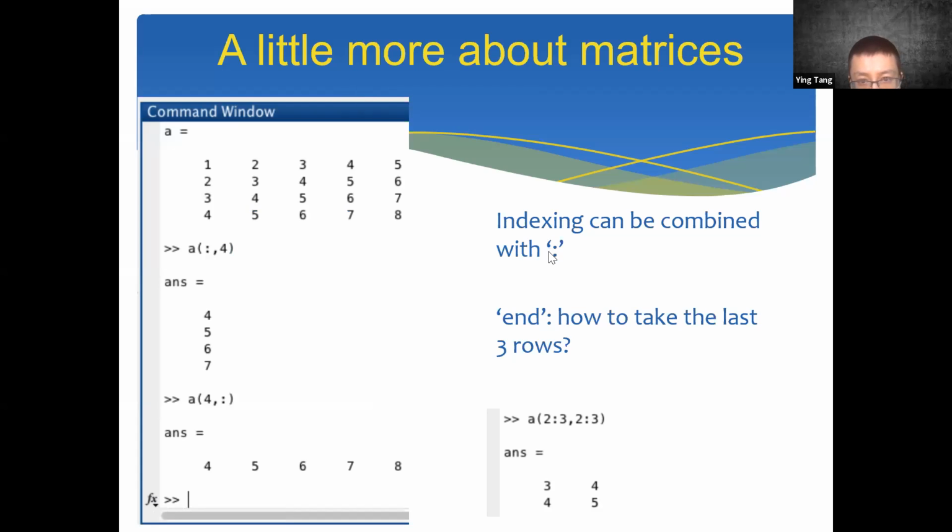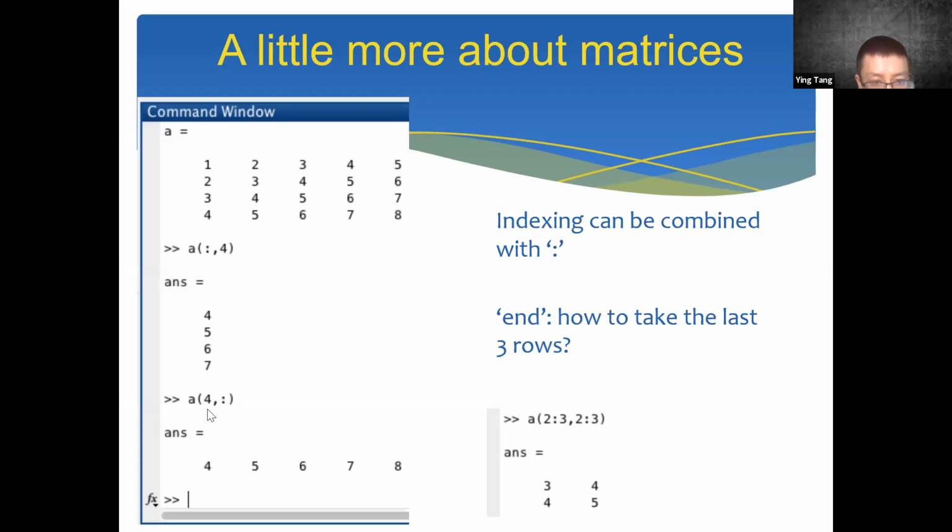Same thing here. You can use colon to take out several elements in the matrix for each dimension. Like the first one here, A(:,4). Colon means take all the rows, all the first dimension, and 4 is the fourth column. So I will take all the rows in the fourth column, which is this column.